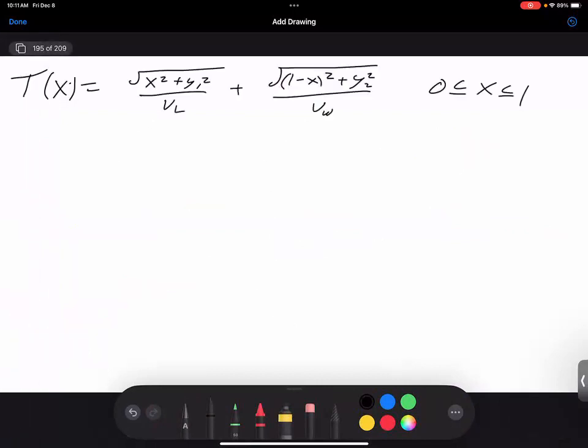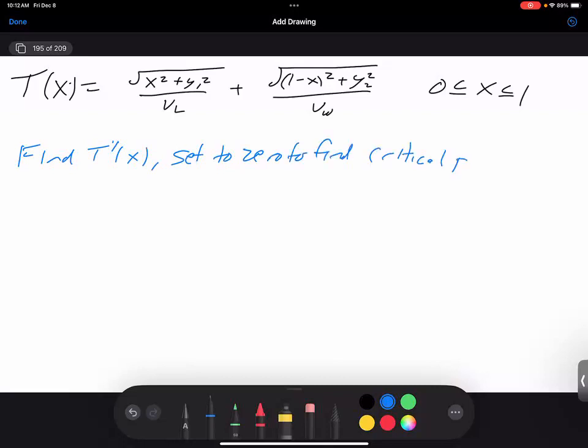And then what? I find t prime of x, and now what? So find t prime of x, set to 0 to find critical points. We could do t double prime of x to see if max or minimum.